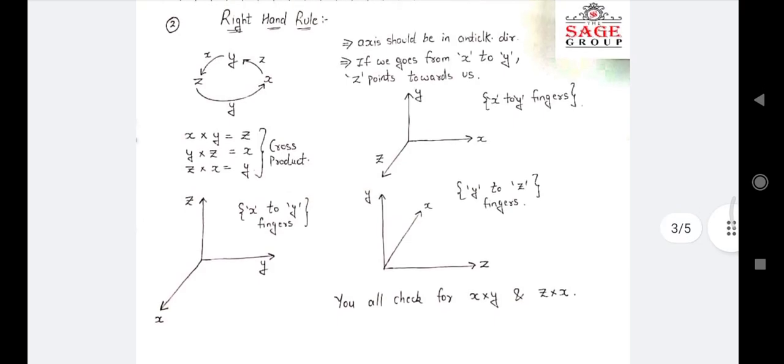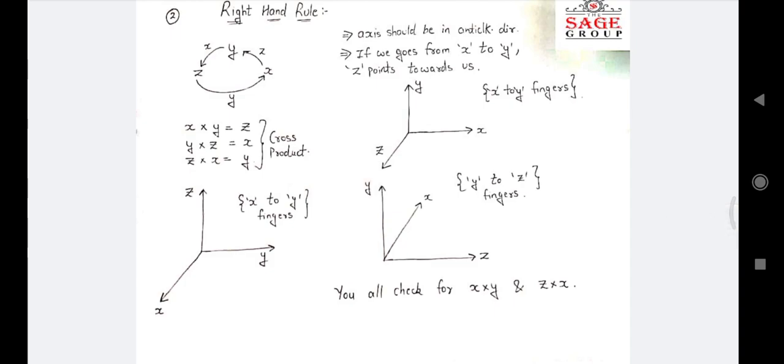Now the rule for naming the axes under the right hand rule, which I have mentioned over there, is that the axes should be in the anti-clockwise direction. So we have already named the axes in the anti-clockwise direction.